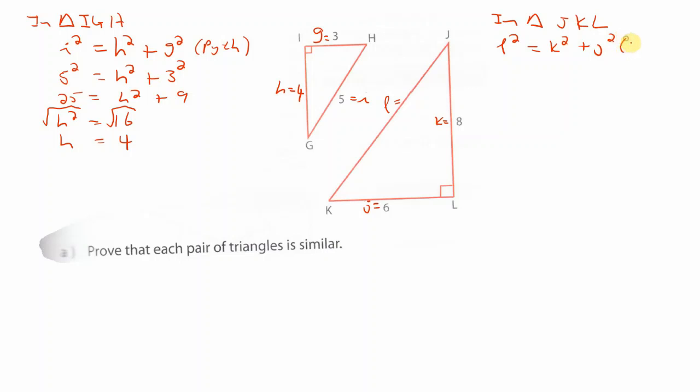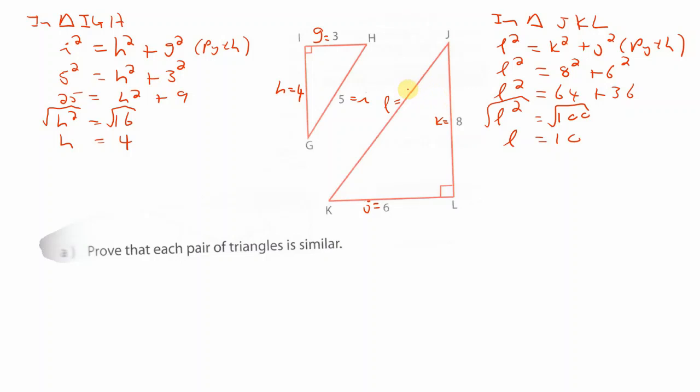This is according to Pythagoras. So now we don't know l, that's the unknown, keep as is. In the place of k we have 8, so we have 8 squared. In the place of j we have 6, so we still have to square the 6. So therefore l squared is 64 plus 36. Therefore l squared is 100. We can take the square root on both sides. So therefore l equals 10 units.